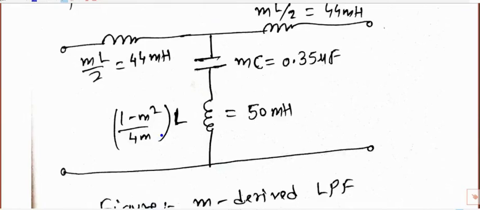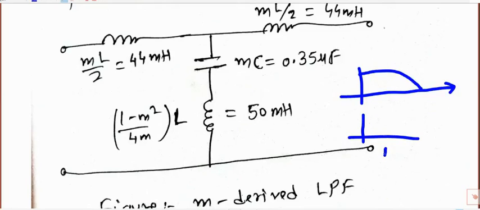So this filter and constant K filter, what is the difference? The constant K filter response after cutoff frequency decreases gradually, but with M-derived, after 1.2 kilohertz, there will be infinite attenuation. That means no signal will be passed.